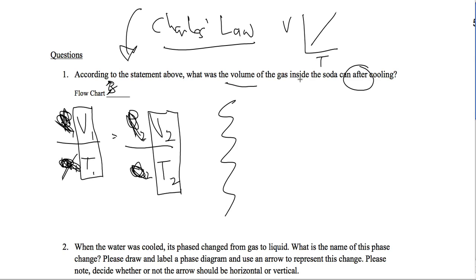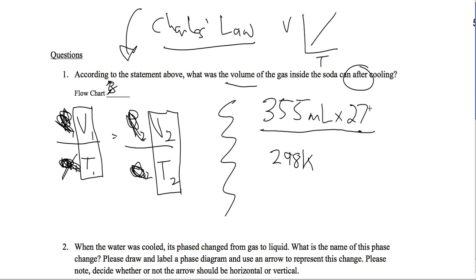So let's solve it. The initial volume was 355 milliliters. The initial temperature was 298 Kelvin. That multiplied by the final temperature, which was 273 Kelvin, is going to equal V2.